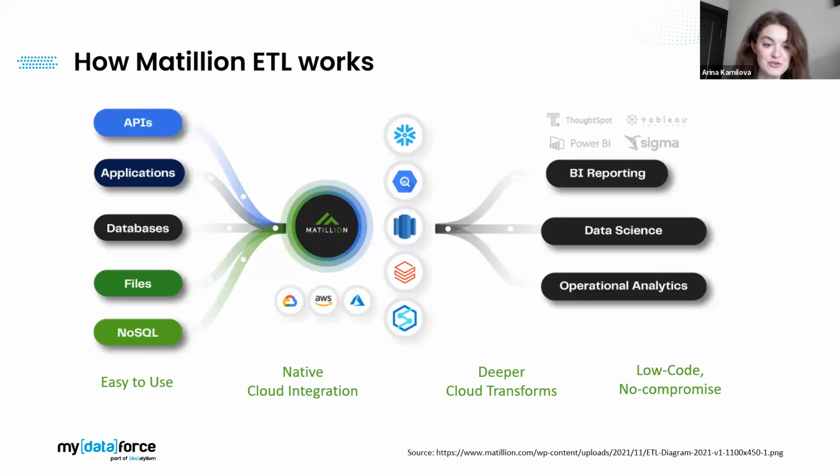So the advantages of Matillion ETL. It has an extensive list of pre-built connectors and can extract data from a variety of data sources. Also, it enables you to build sophisticated data pipelines with a low-code or even no-code graphical user interface and load this data into a data platform.